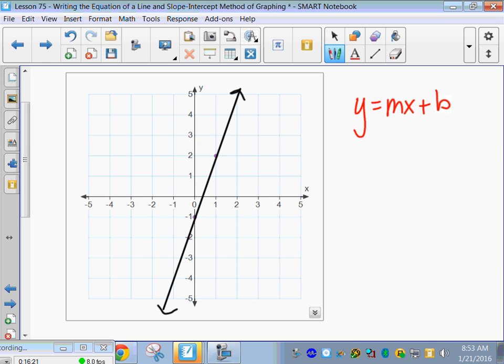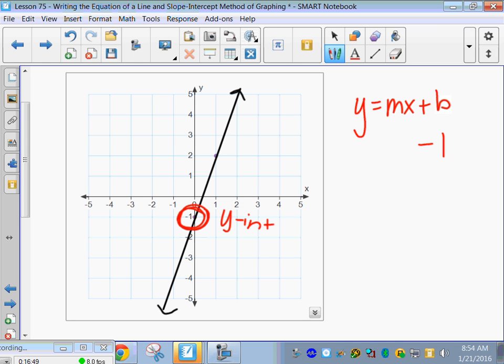We need to find it. Yeah, you're already telling me it. That's good. What's the m? What do we need to find? Slope. We just need y-intercept and slope, right? Y-intercept. That should be super easy, right? Where does the line cross the y-axis? Monica, where do you think it crosses the y-axis? Yep. So right here is where it crosses the y-axis. That would be my y-intercept. That means for b, I'm going to plug in -1.